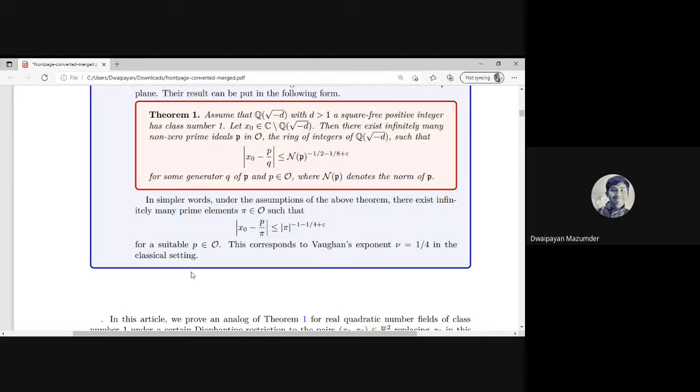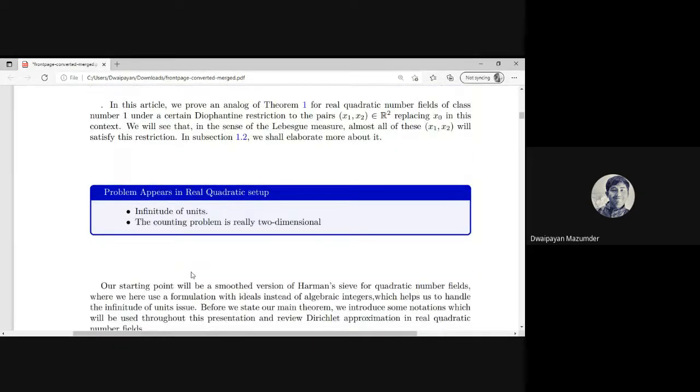So instead of primes, here we are taking prime ideals p in O, the ring of integers of Q of square root of minus d, such that this happens for some generator q of p, where norm p denotes the norm of p, exactly what we have. So that is there. Vaughan's exponent we are getting here.